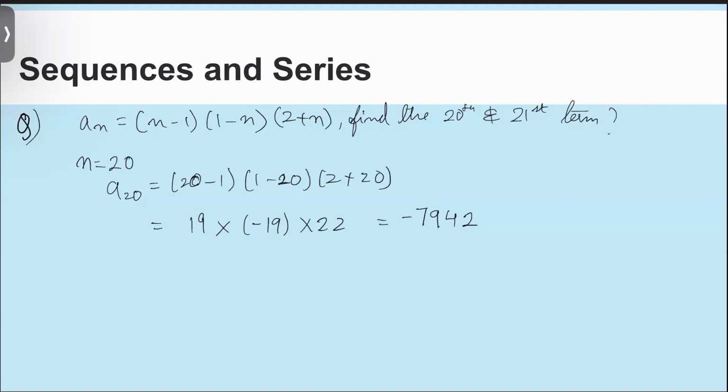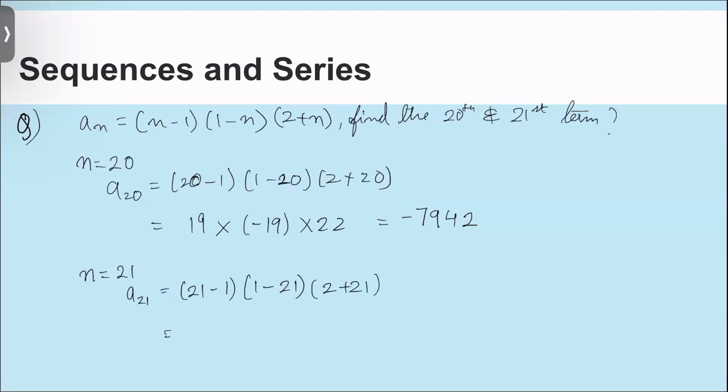Then we have to find the 21st term. So n is equal to 21. So A21 is equal to 21 minus 1 multiplied by 1 minus 21, and we have 2 plus 21. So what you get is 20 multiplied by minus 20 multiplied by 23.